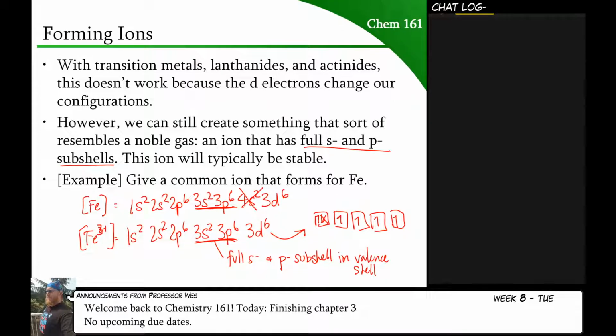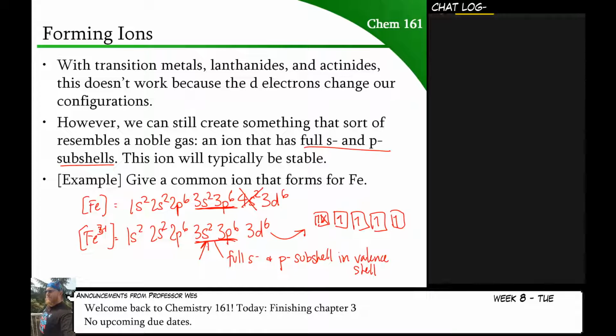So you can make a lot of rational arguments for all of these ions, but the first step is always going to be this one. Strip away all of the valence electrons so that you have a full s and p subshell. And either 1 or 2 electrons is going to go, depending on what group you're in, like group 6 or 11.